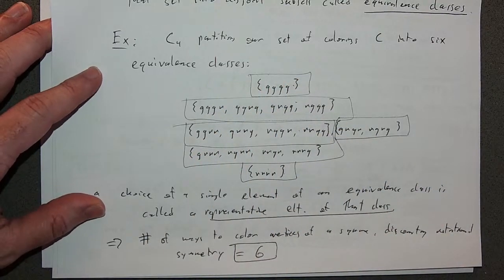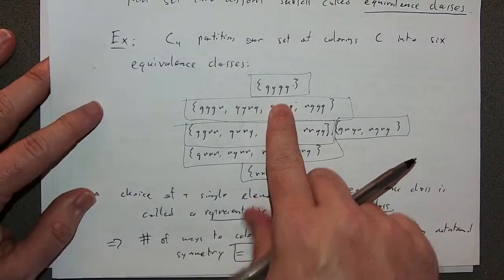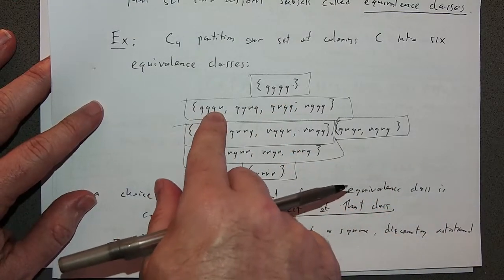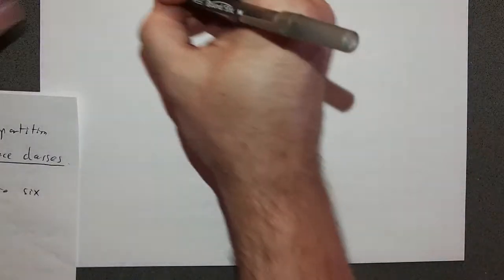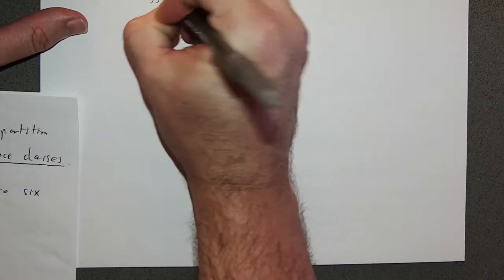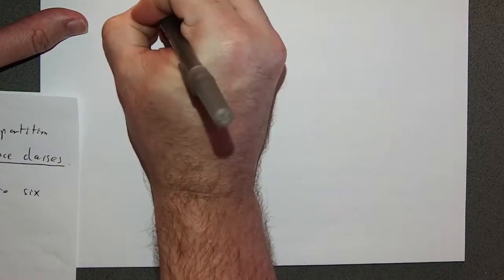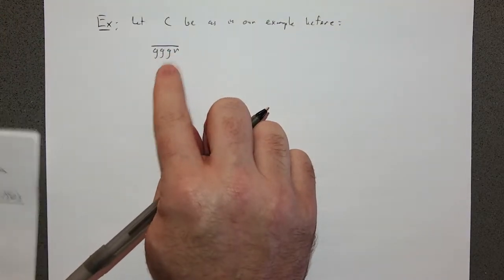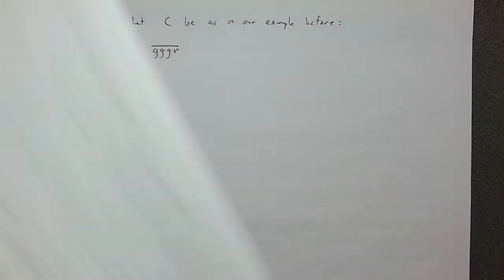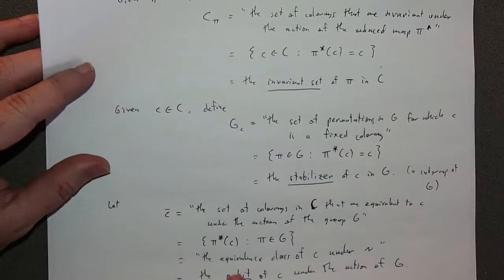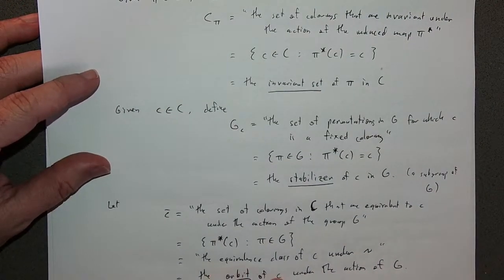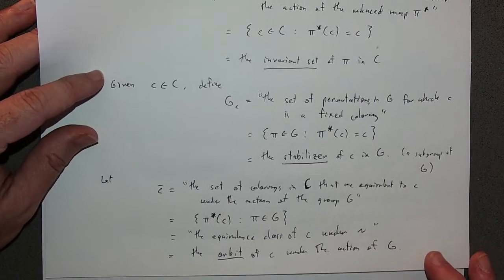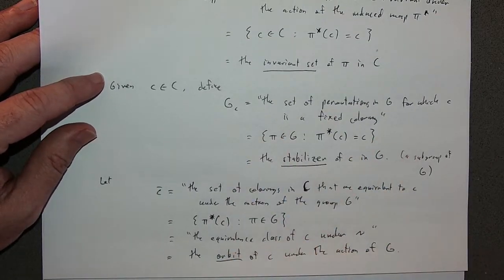So, what is the orbit of, say, GGGR? Let's do that one. According to this definition on the previous page, the orbit of an element is just the equivalence class of C under that equivalence relation that relates them by this action of the symmetry group.